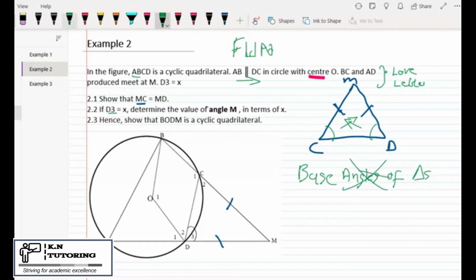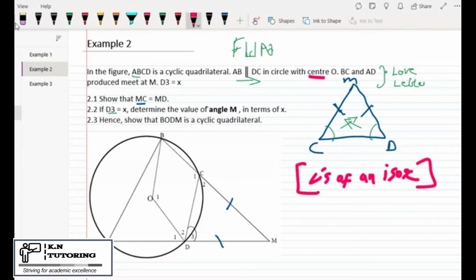They no longer want you to write this. What they want you to write is the following: angles opposite equal sides, of an isosceles triangle. So that's how you can summarize this.